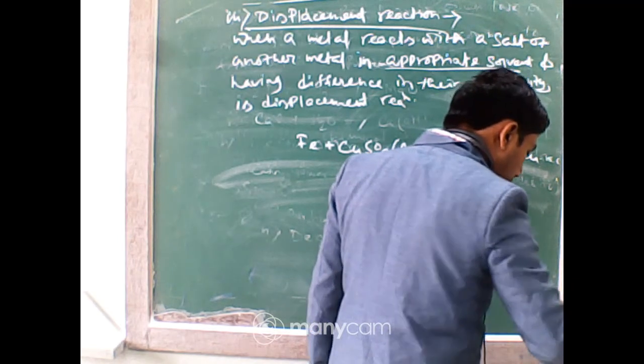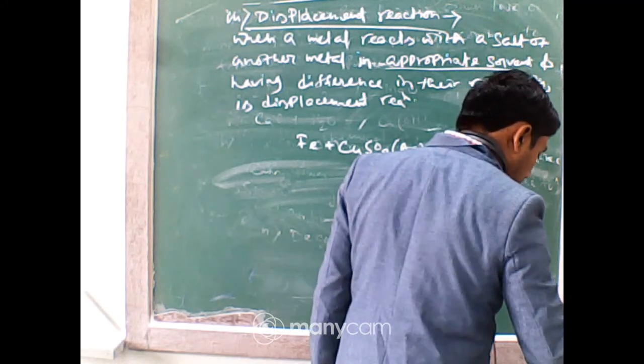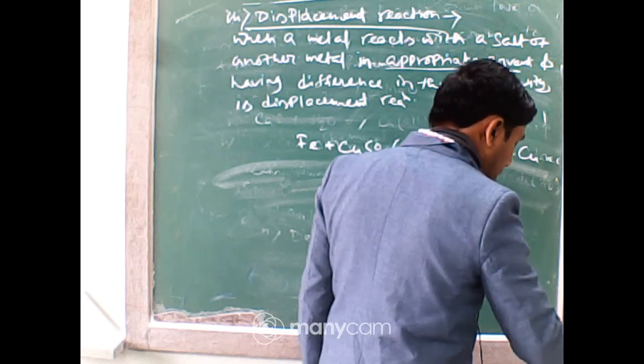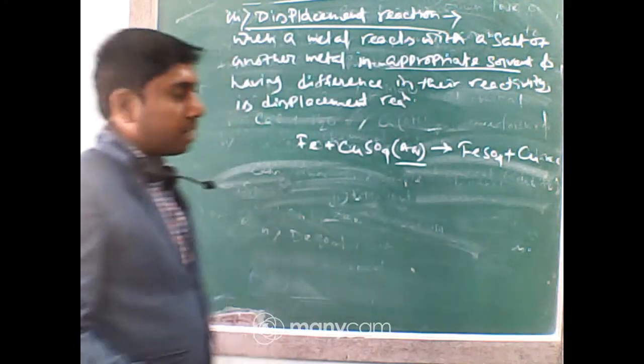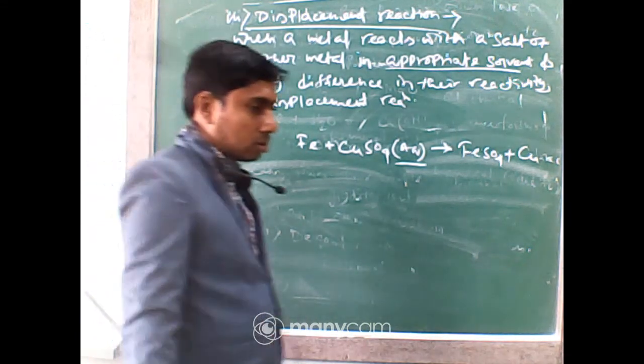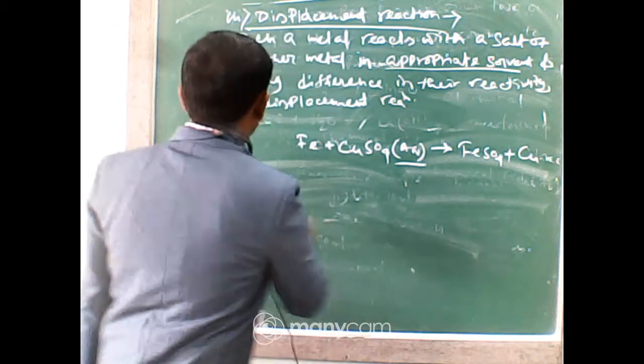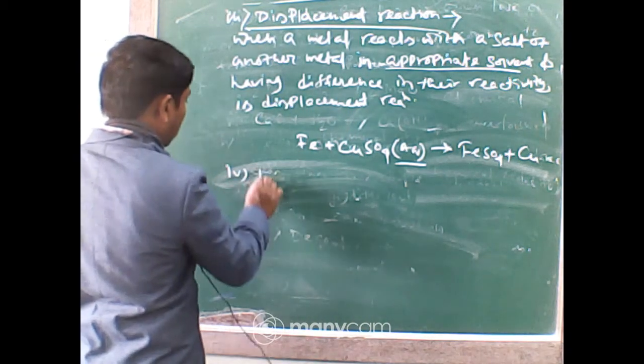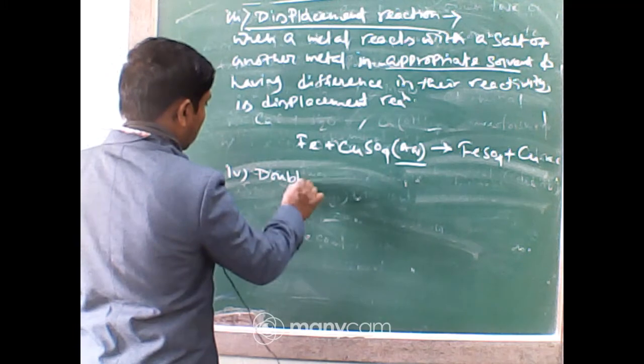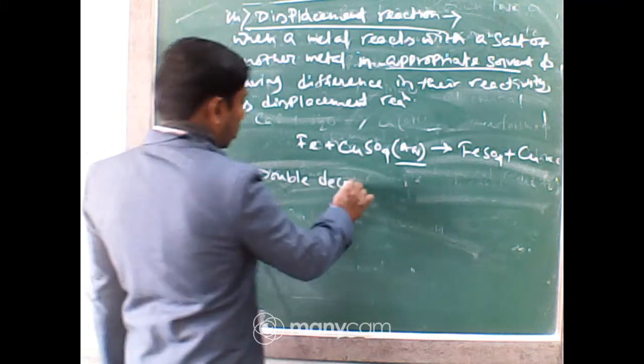Now double displacement reaction is a kind of reaction where at the same time two changes occur. Okay. So number 4 is double displacement.